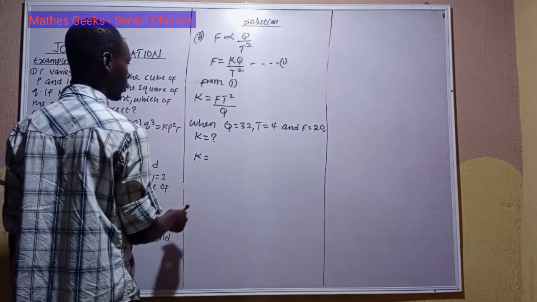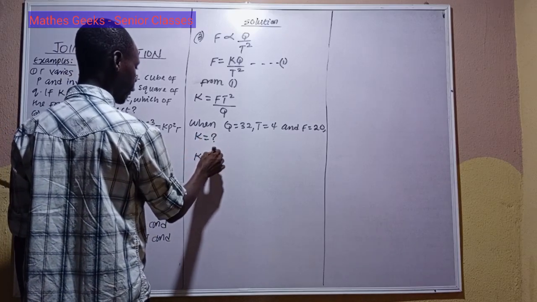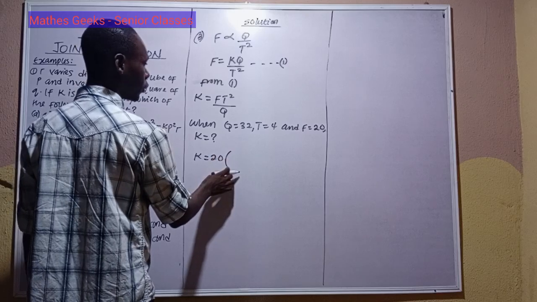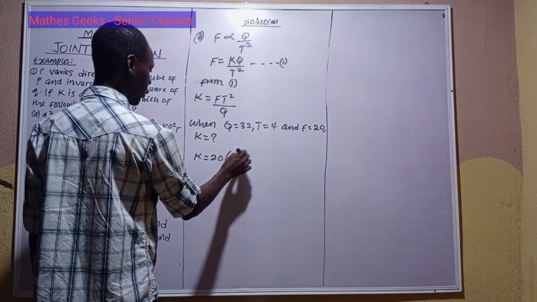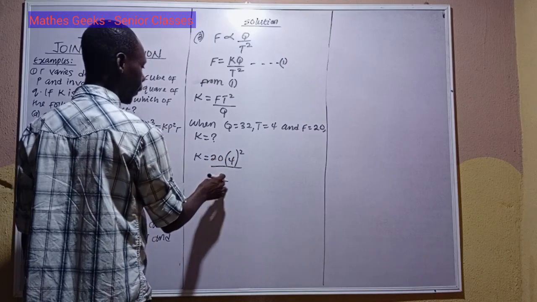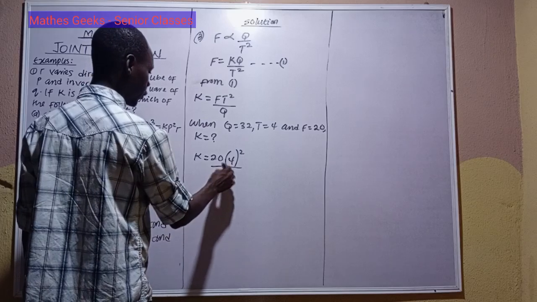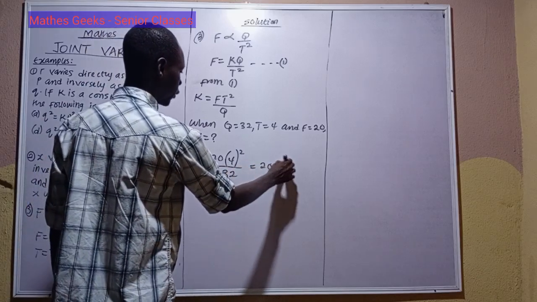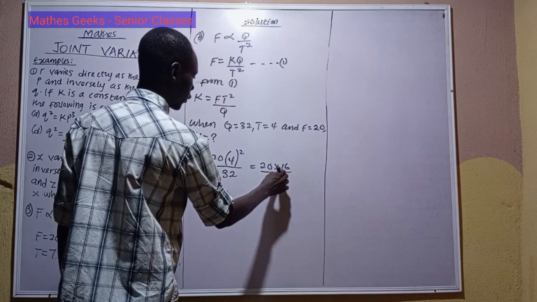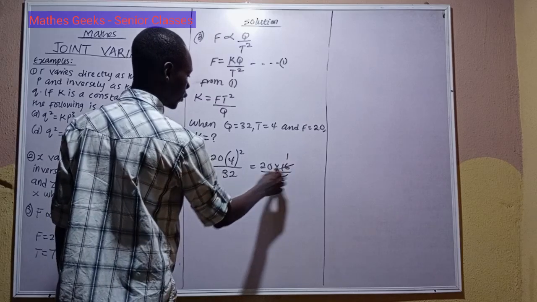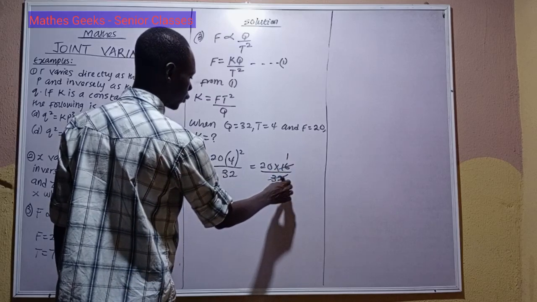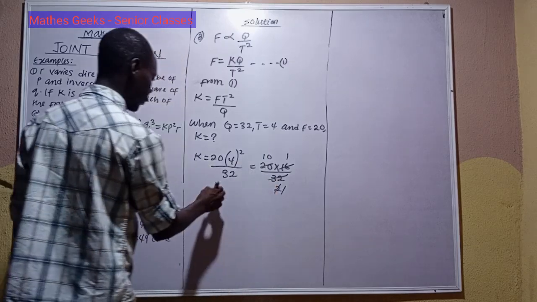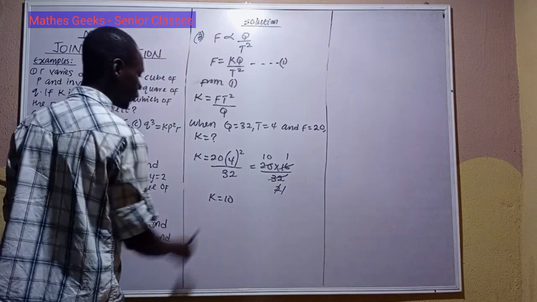So k is equal to f, 20, times 4 squared over q, 32. That is 20 times 16 over 32. 16 divided by 16 is 1, 32 divided by 16 is 2, 20 divided by 2 is 10. So k is equal to 10.